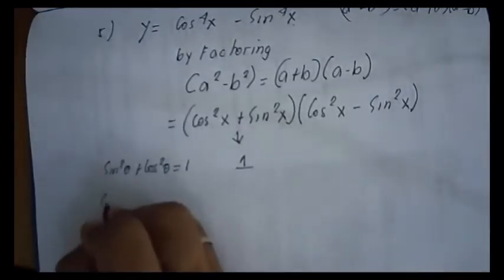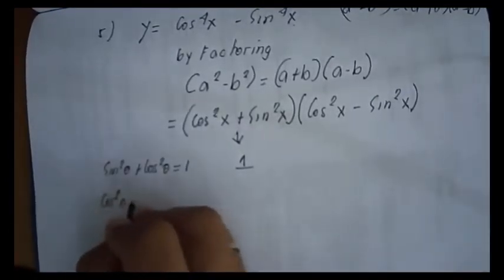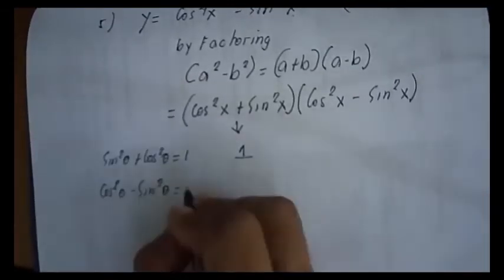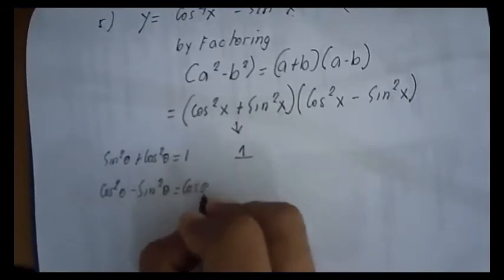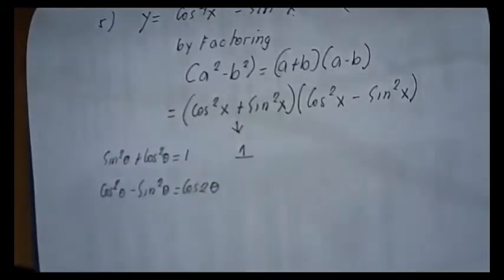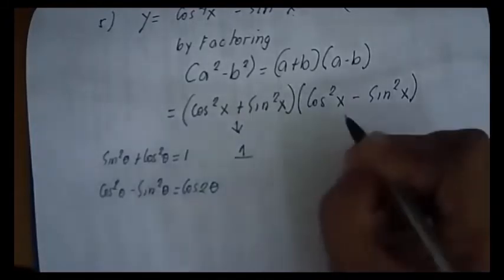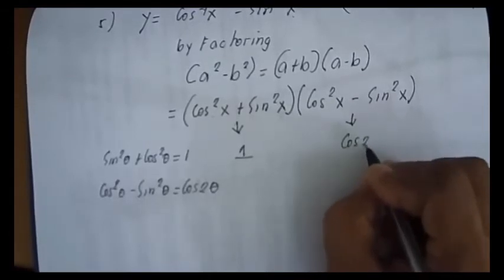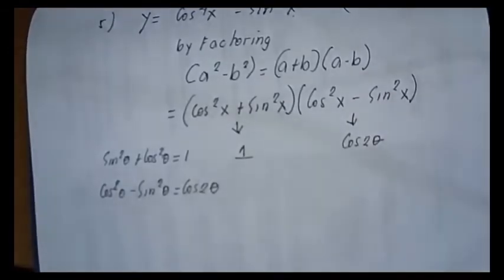Okay? Also, cosine squared theta minus sine squared theta, ano yung value natin? That's the same as cosine 2 theta. Okay? Doon sa proving identities natin kanina. So, ang value nito is the same as cosine 2 theta.